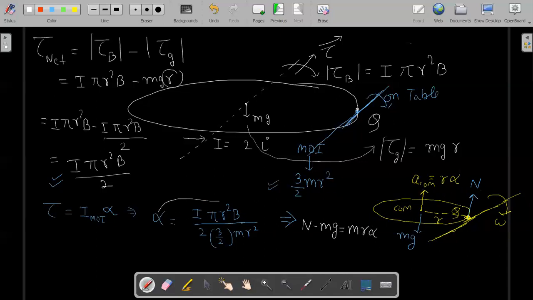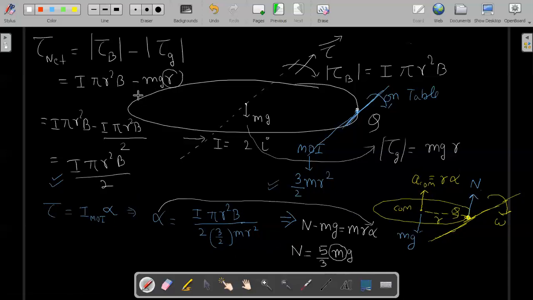And this value of alpha will be substituted here. You can substitute the value of alpha here. And then finally, you will get the value of the normal reaction force, which is required in this specific question. In terms of m, you will get 5/3 mg. But since mass is unknown, you have to replace this value of mass.